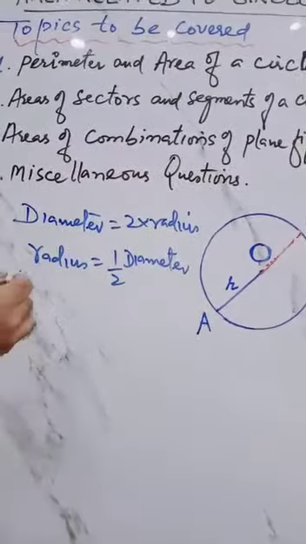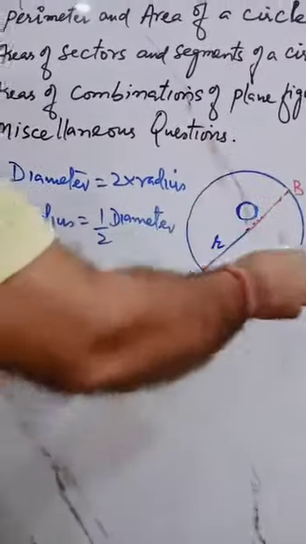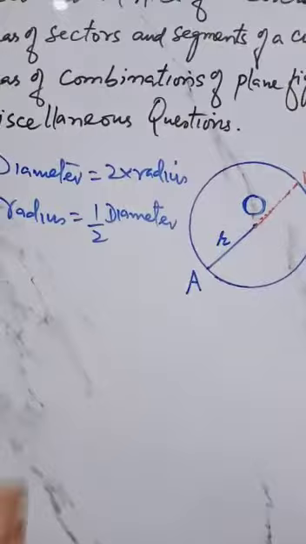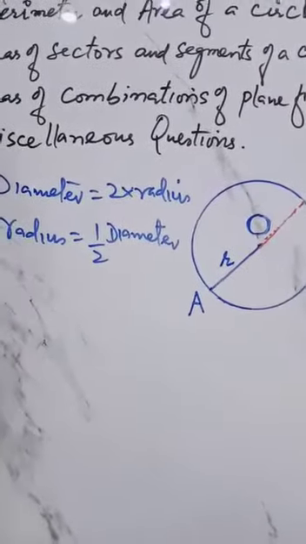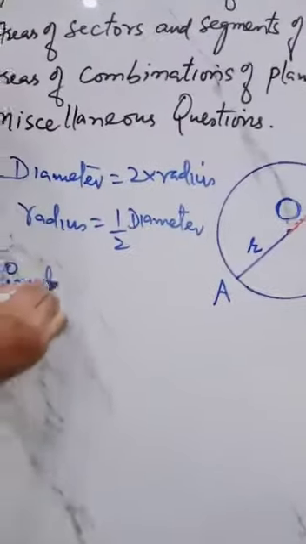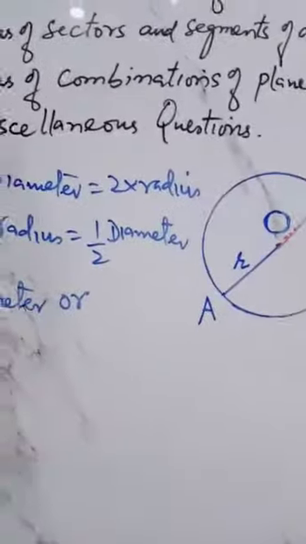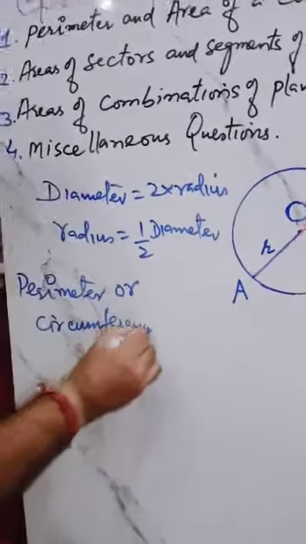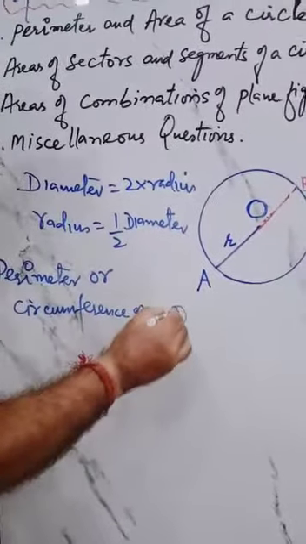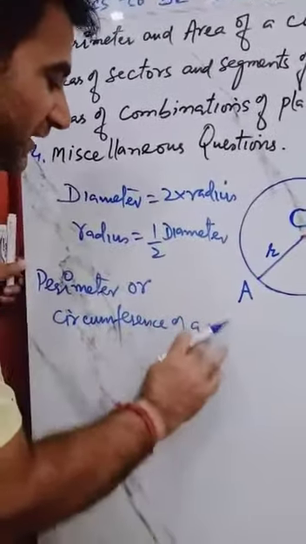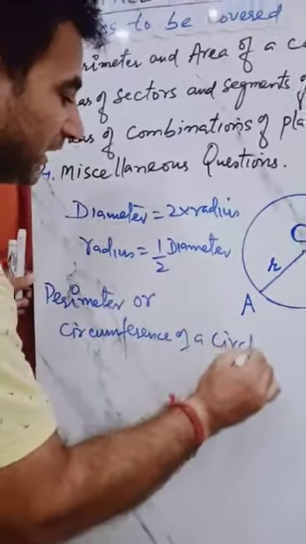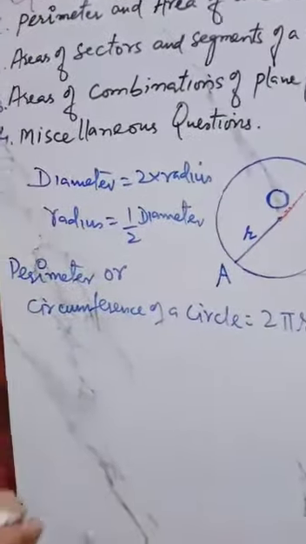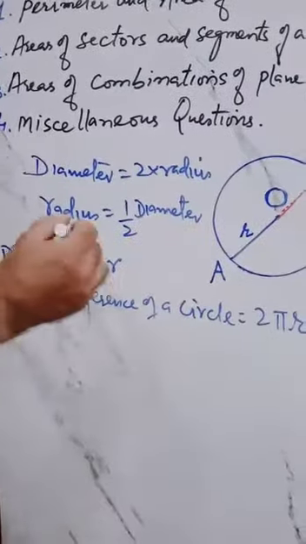Now we have the perimeter, or circumference, of a circle. The circumference of a circle is always given by the formula 2 pi r, where r is the radius.